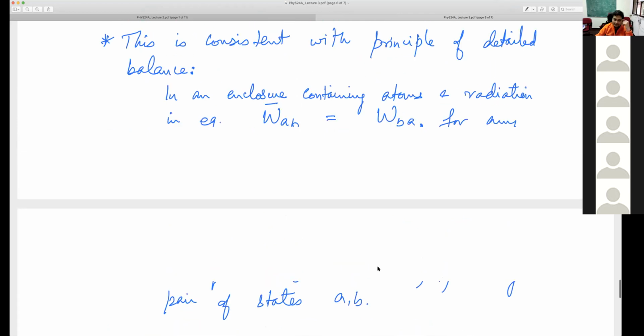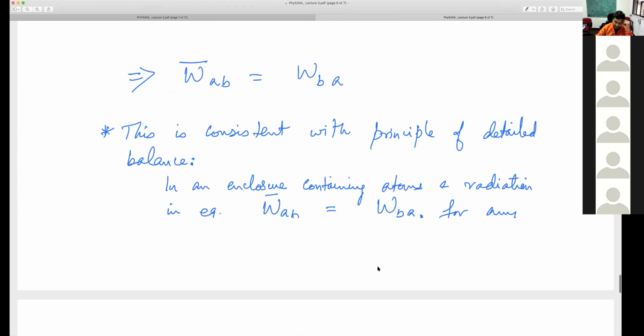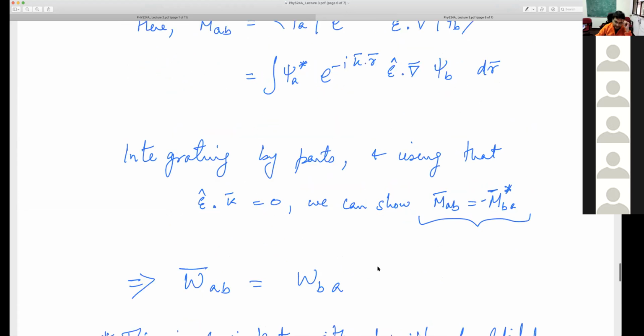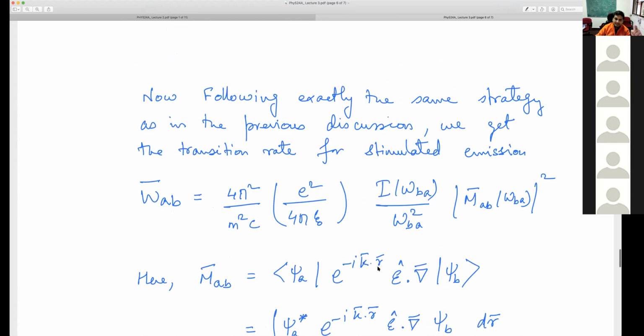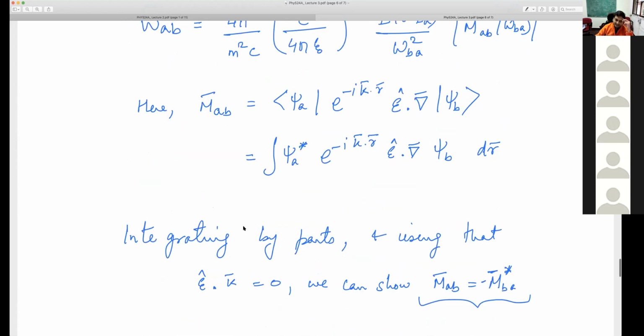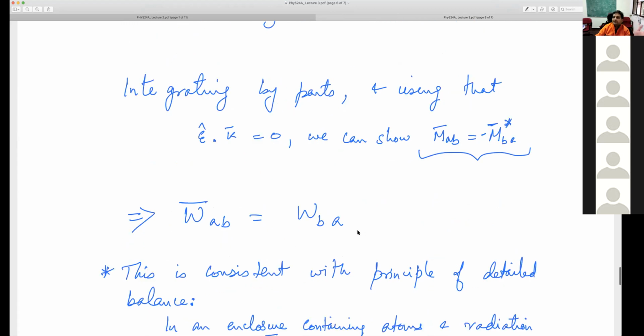So one minor point is that we actually derived this fact that W_AB is equal to W̄_BA, which is like the principle of detailed balance, etc.